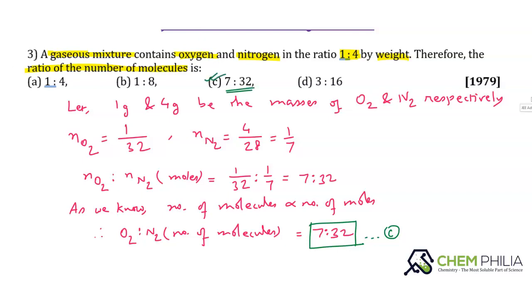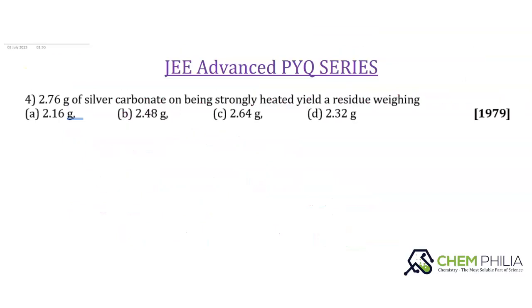Now let us move on to the next question. The next question is: 2.76 gram of silver carbonate on being strongly heated yields a residue weighing... 4 options are given. So this is also a question from stoichiometry.